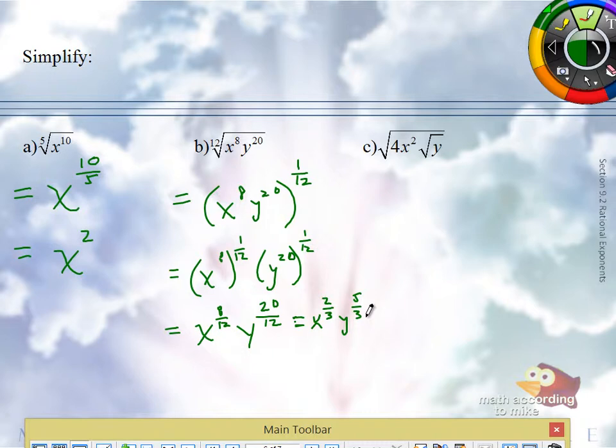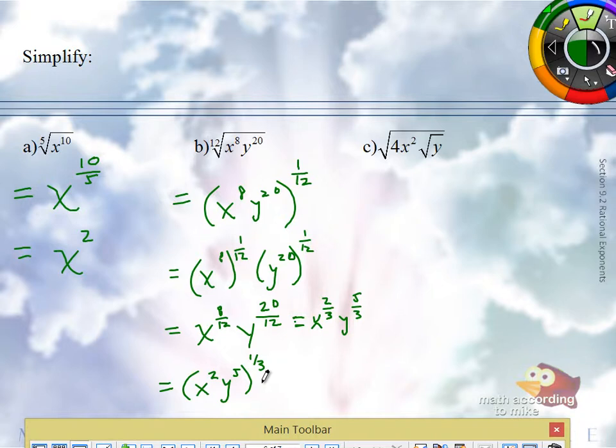And by the way, there is a shortcut going on that I can show you, but we have to do this very long way first. Now, we're going to go backwards. Notice both exponents have a denominator of 3. So I can rewrite this as x squared y to the 5th to the 1/3 power.